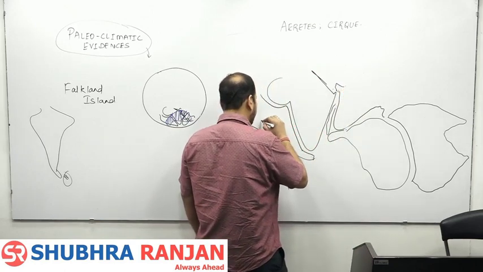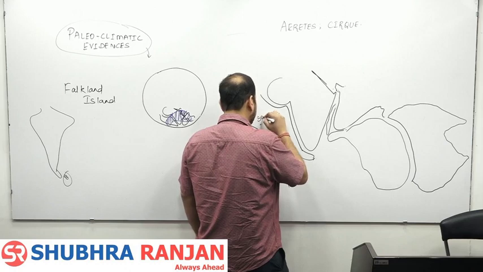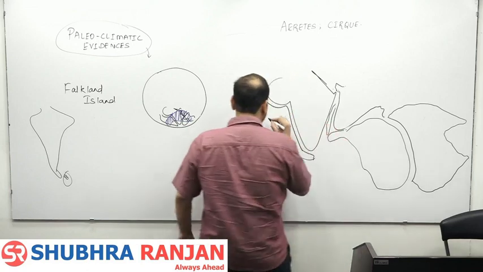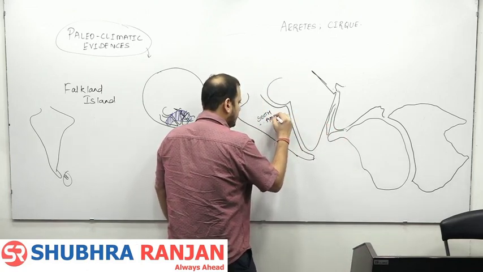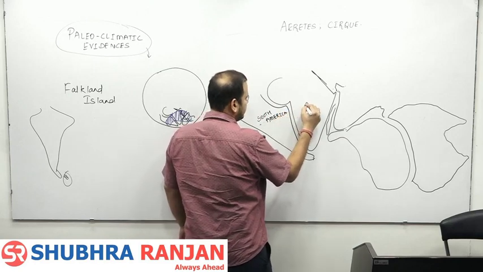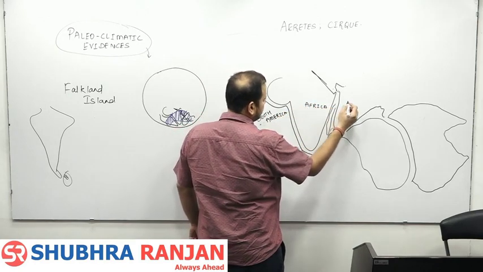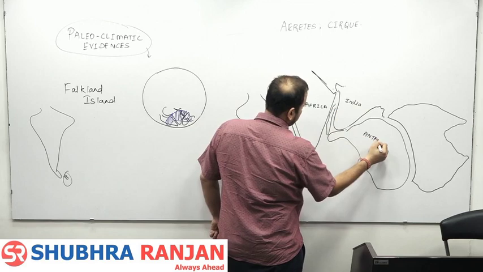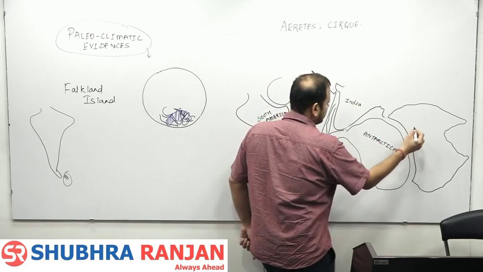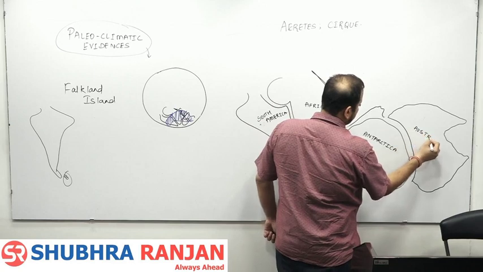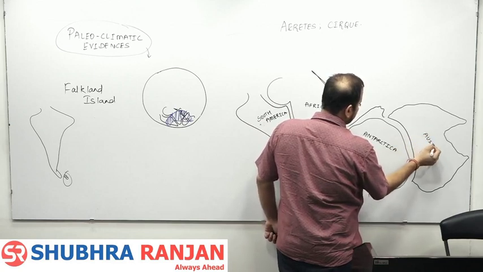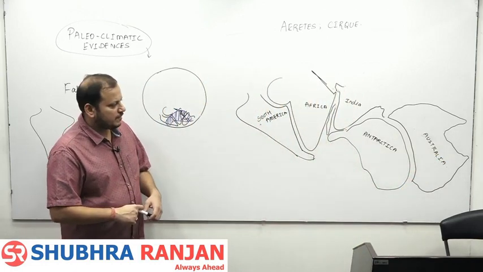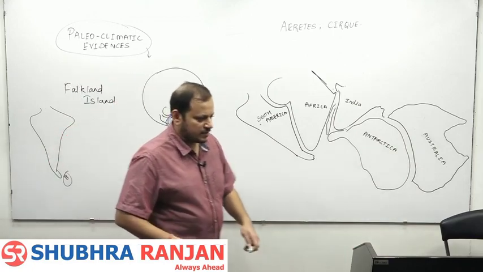Fine, and draw this diagram. Not this one, this is what Wegener had shown. We are going to draw a simple diagram here. This is how the Gondwana landmass was. This is what we mean by the jigsaw fit of the continents.